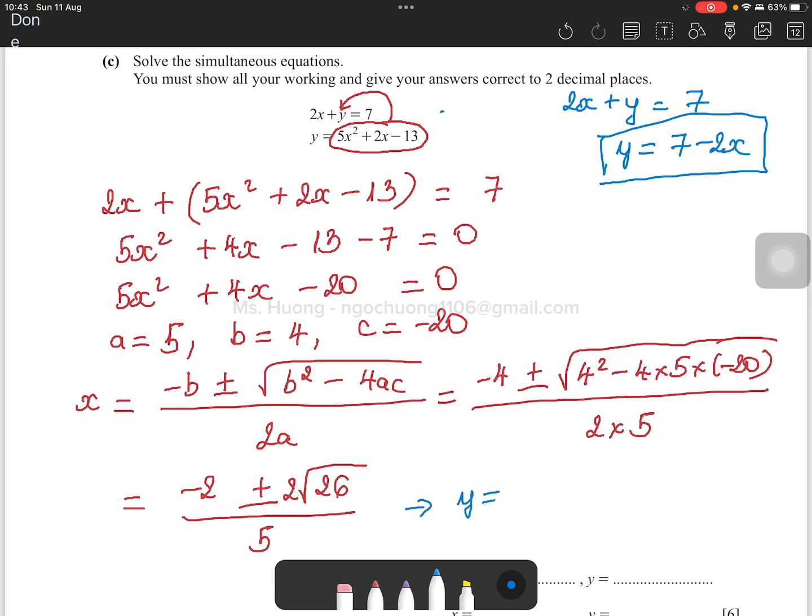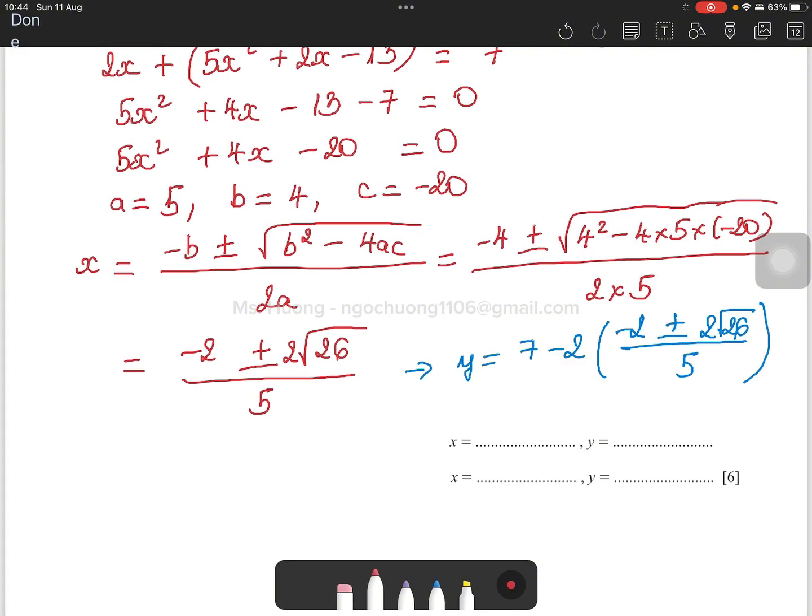Remember, y is equal to 7 minus 2x, and x is negative 2 plus or minus 2 root 26 over 5. So we'll use the calculator to give the answer correct to 2 decimal places.